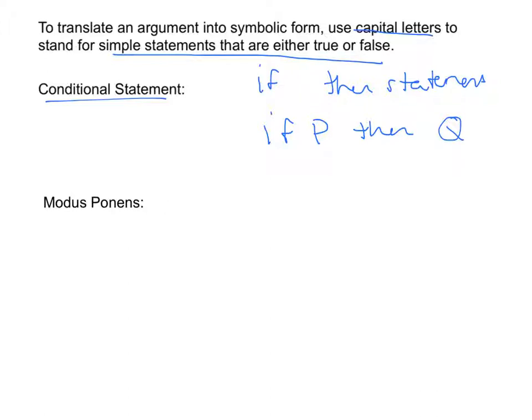So if it is raining outside, then I get wet when I go outside. And a conditional statement is when you write if P then Q. So it's an if-then statement.